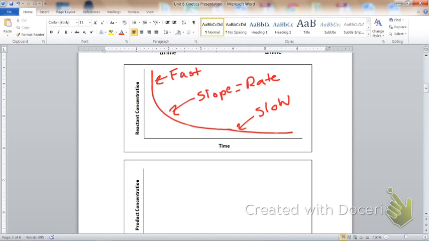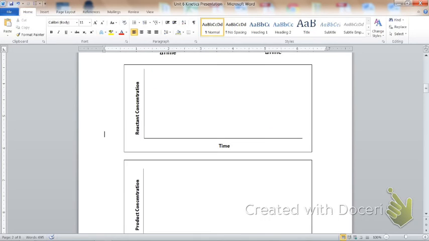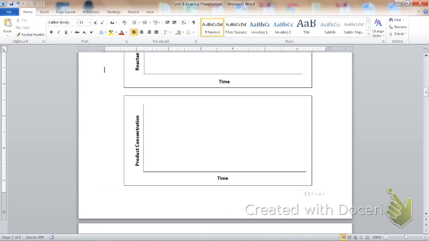So now let's turn our attention to the products and what that's going to look like. Well, with the products, we should get a slope that is just kind of the opposite. Again, the line represents the slope, which is the rate of the reaction.